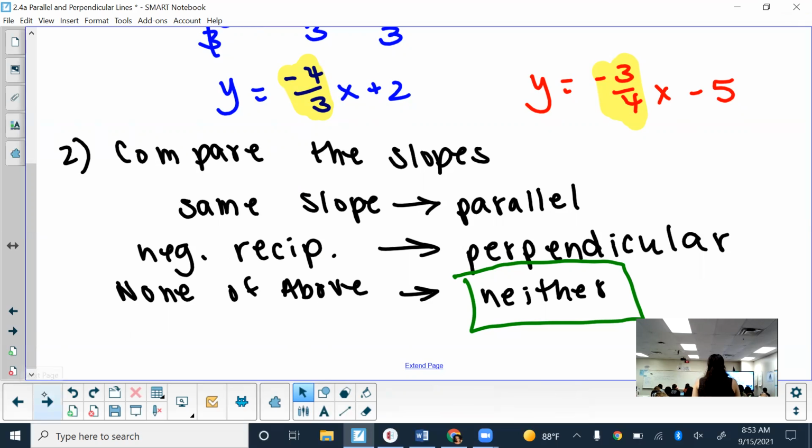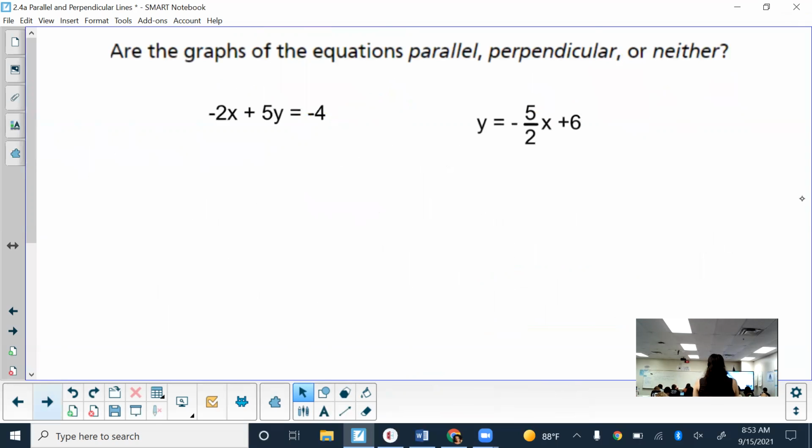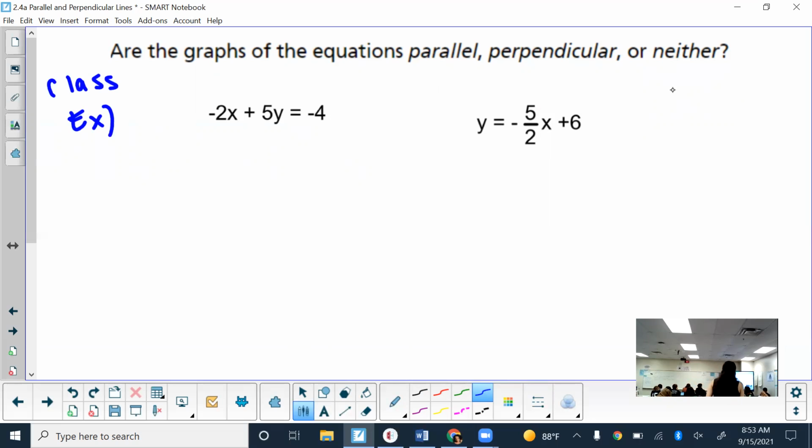So now the class example. First, to tell if they are parallel, perpendicular, or neither, check to see if they're in the same form. Are they? No. So I can't just look at the number in front of the x and say it's neither, because in standard form, which is what this is in, you can't clearly see the slope.